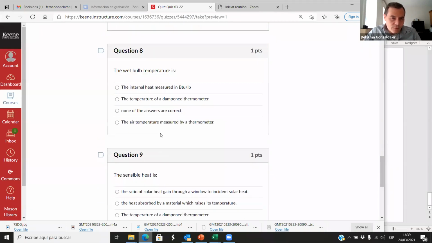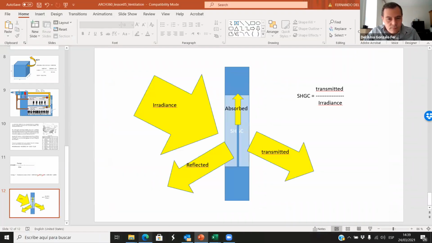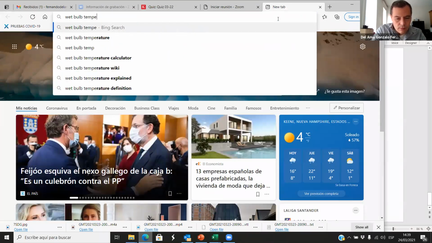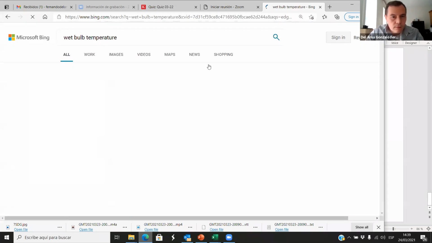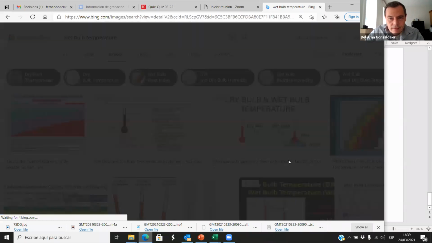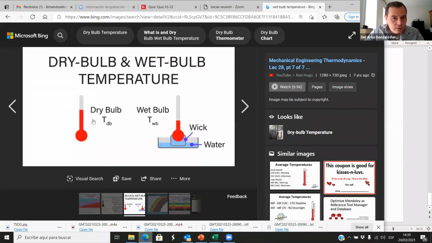The wet bulb temperature. So you remember what the wet bulb temperature was? Okay, the wet bulb temperature is the temperature of a thermometer that is wet, soaked, completely covered with moisture.